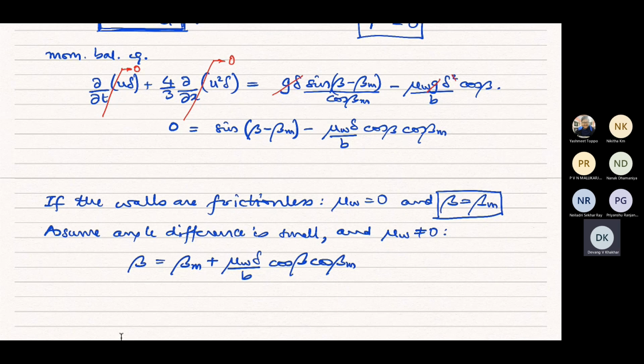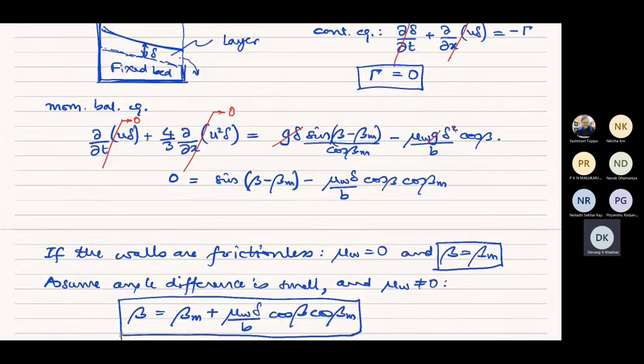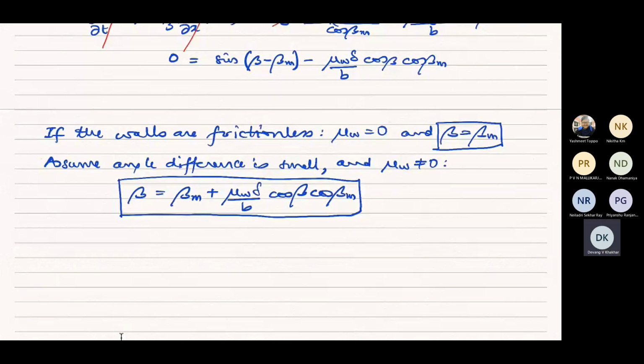So what it actually tells you is that the angle of this interface, this angle is beta, as we have seen before. That angle will always be larger than the neutral angle.